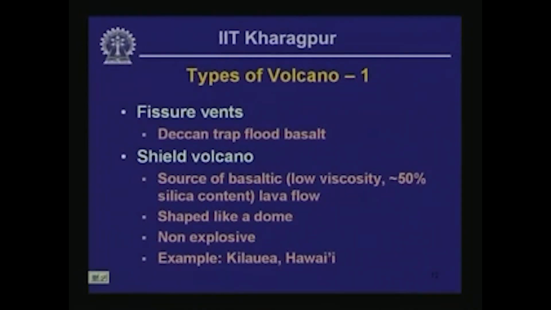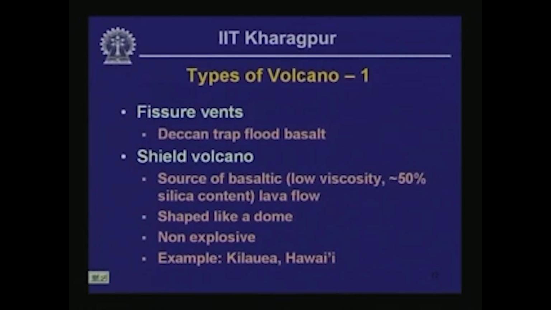The second type of volcano is called the shield volcano. A shield volcano is a source of basaltic magma, and basaltic magma is a low viscosity magma which consists of about 50% silica. Now these volcanoes are typically shaped like a dome. They are non-explosive, in which lava flow typically occurs in a very gentle manner.